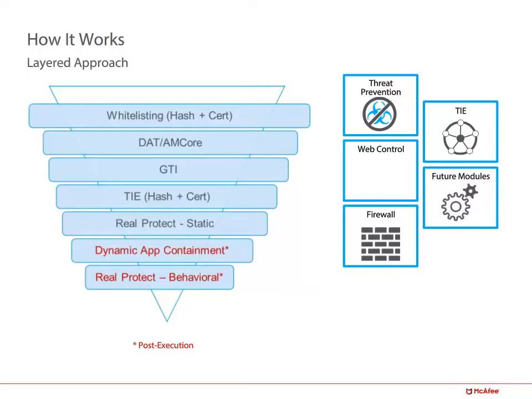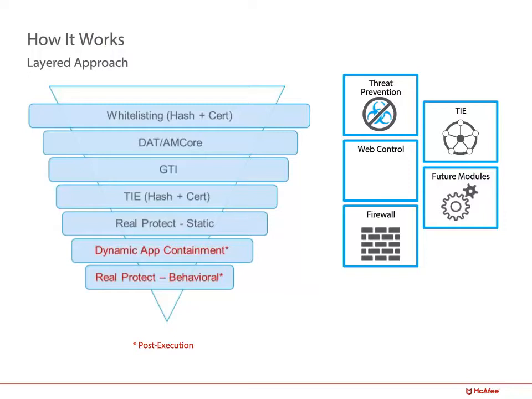The dynamic application containment protects by containing unknown applications and preventing them from performing malicious behavior. The unknown application is able to run, but it will be limited as to what actions can be performed. Real Protect can also go beyond static analysis by performing a dynamic behavior analysis to detect malware that attempts to hide in the file system, but performs malicious actions as a process.